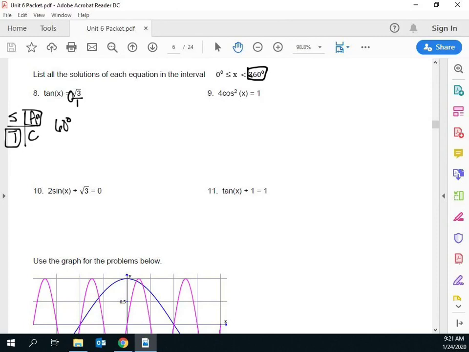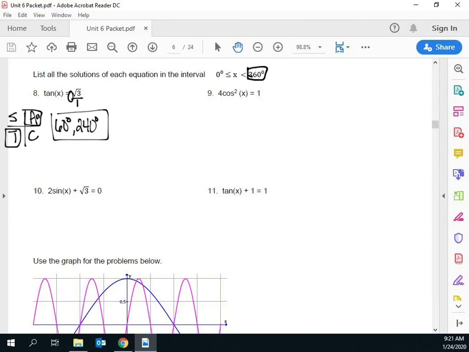Hey, that's already done, right? 60 degrees reference angle in the first is 60 degrees. Now let's put it in the third quadrant. So what is the angle for that? Close. Very close. It's 60 degrees past 180. 240. Yep, there you go.